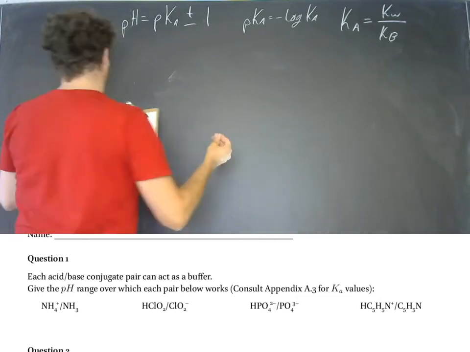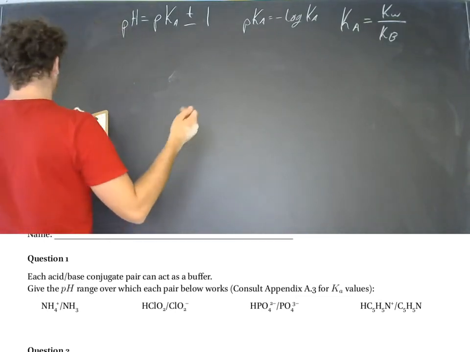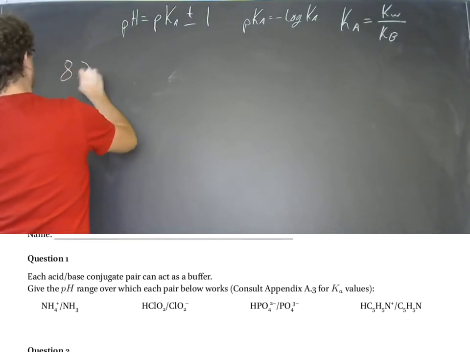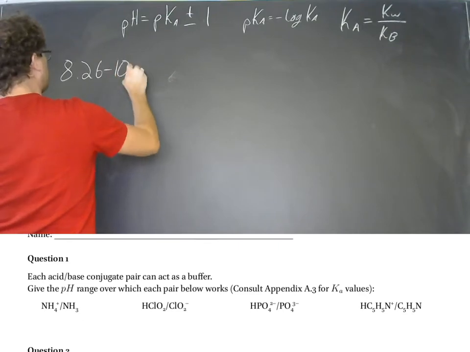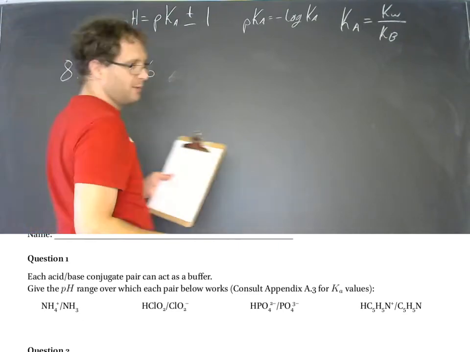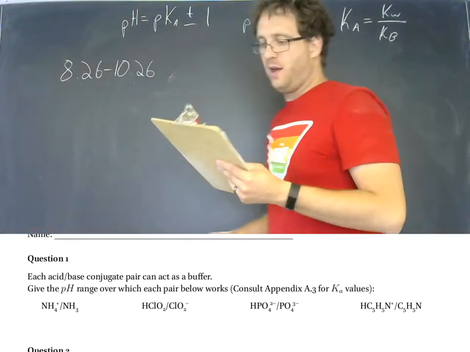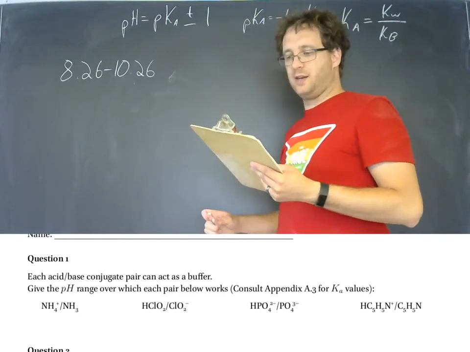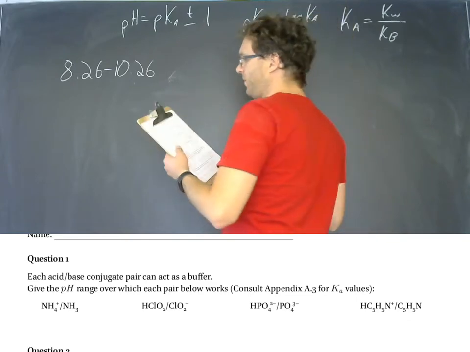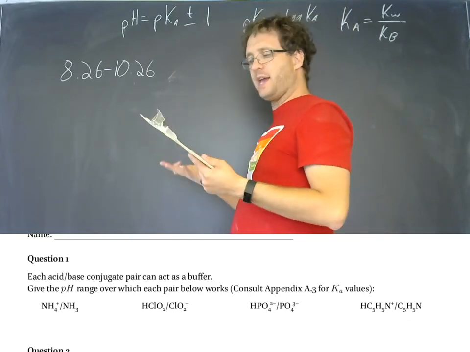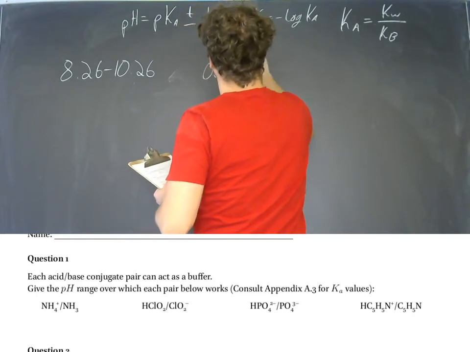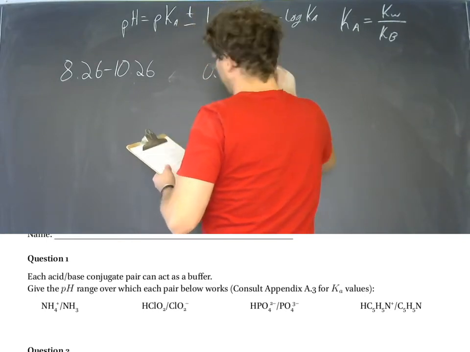So for NH4+ and NH3, the pKa is 9.26, so we get 8.26 to 10.26 for the ammonium ammonia. For chlorous acid and chlorite ion, the pKa is 1.96, so you get 0.96 to 2.96.